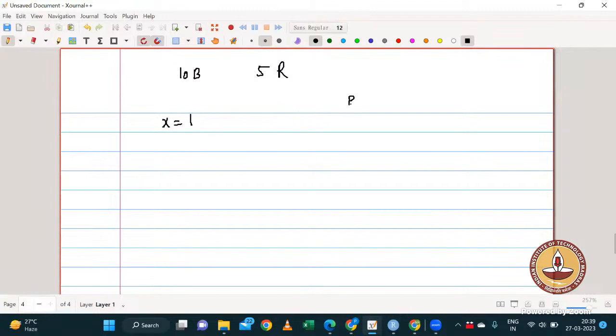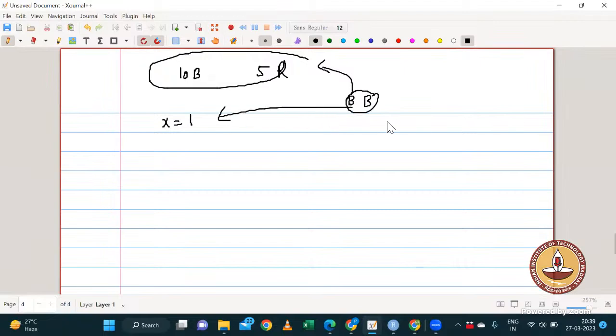Suppose I draw a blue ball, put it back and again draw a blue ball, then X will take value 1. Suppose I draw blue first, put it back, and then draw a red ball, then X will take 0. There will be a lot of cases like this.